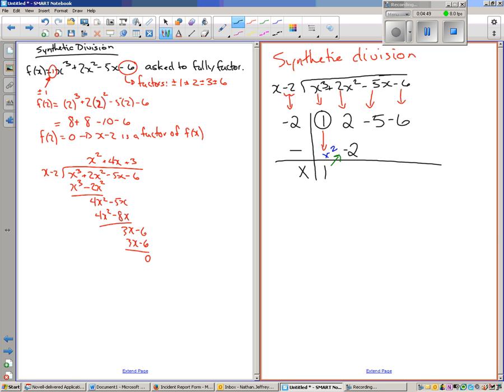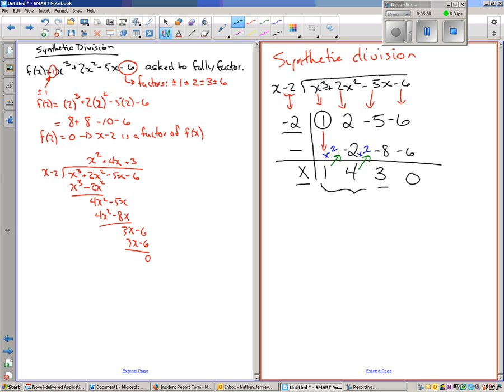Then you subtract: 2 minus 2 gives you 0... Then multiply by 2 again to get 4, and then we'll have -5 subtract 4... to give you 3 times 2 to give you 6. And then -6 subtract 6 to give you 0.